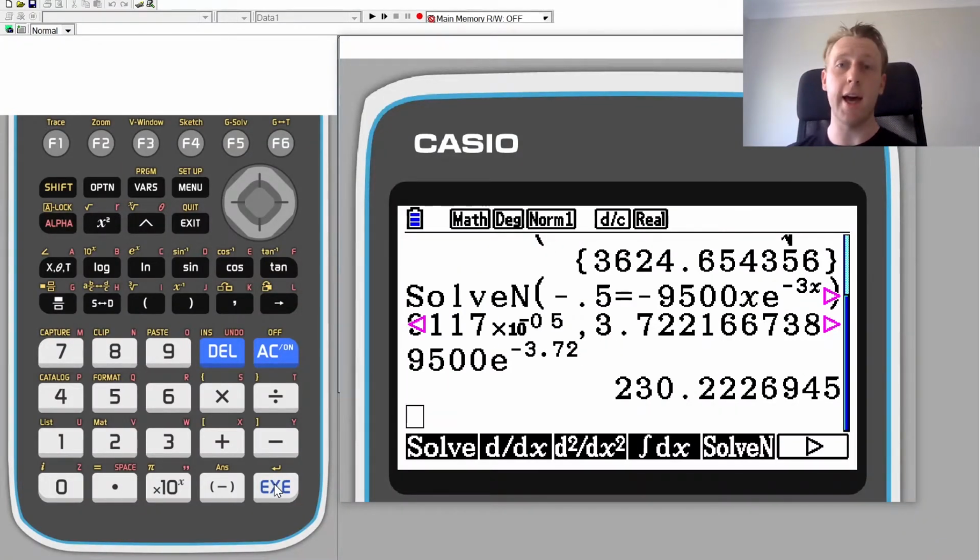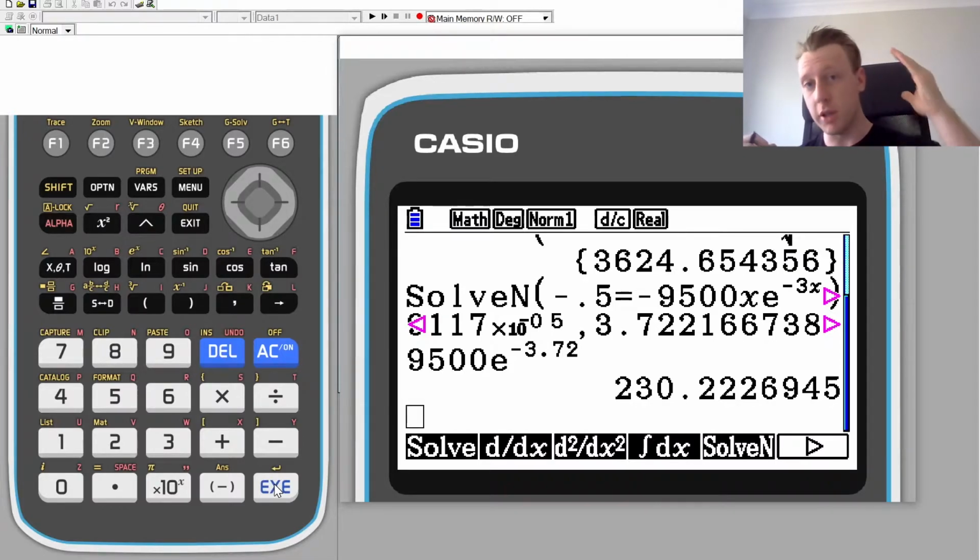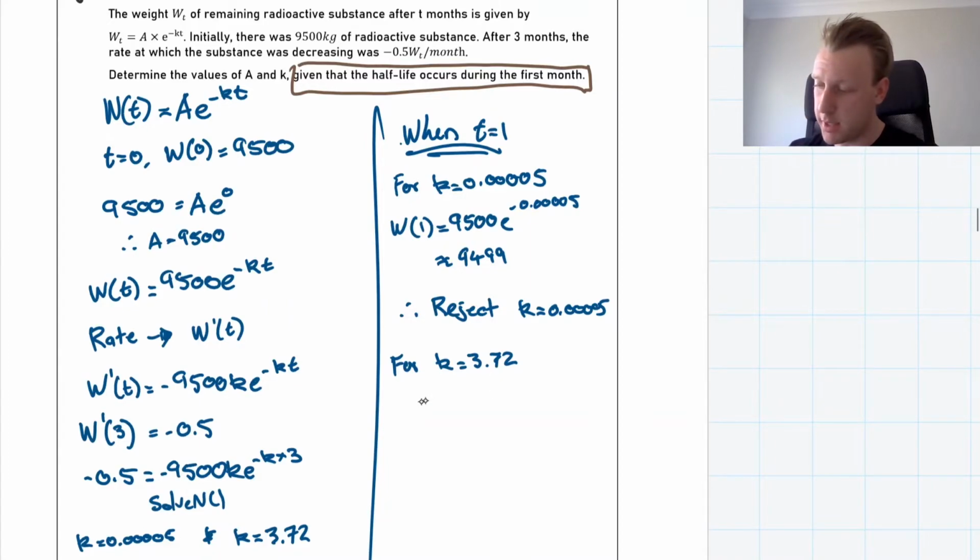Okay, there you go. So that half-life definitely occurred during some point of the first month, because at the end of the first month, it was way less than half the weight. So the half-life has absolutely occurred during that time period. And so we get W of 1 of 9500 e to the negative 3.72 roughly equals, what was it, 30?